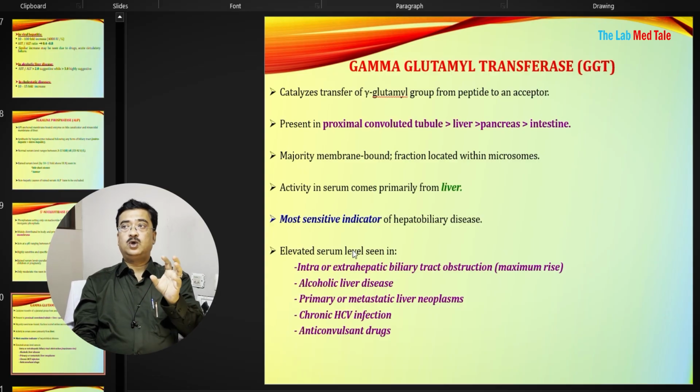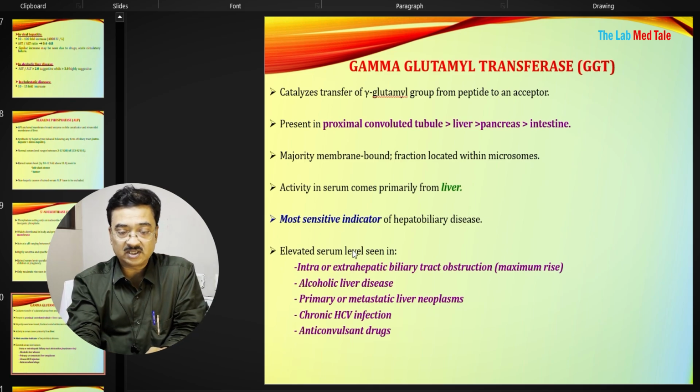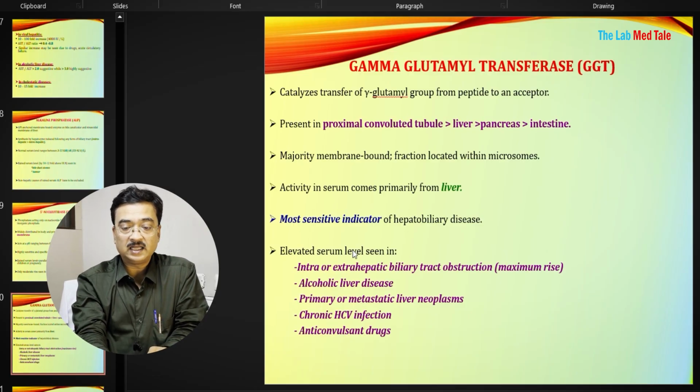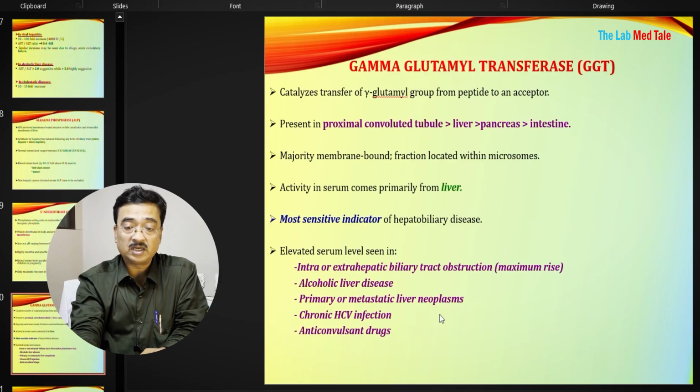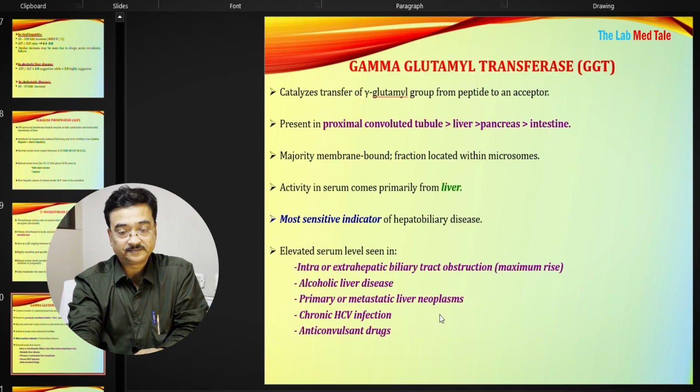So whenever there is alcoholic liver disease or chronic hepatitis C virus infection, you will get a rise in GGT. Mostly it rises in cholestasis, alcoholic liver disease, some metastatic liver disease, and some chronic HCV infection. But we depend on it most when alcoholic liver disease is suspected, as it is one of the most sensitive markers.